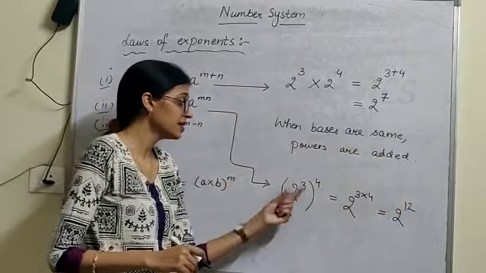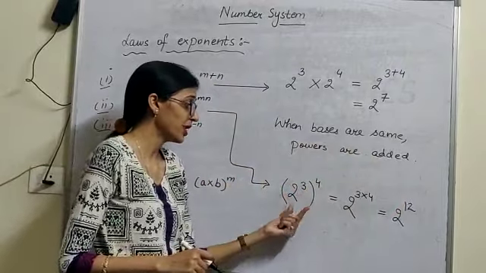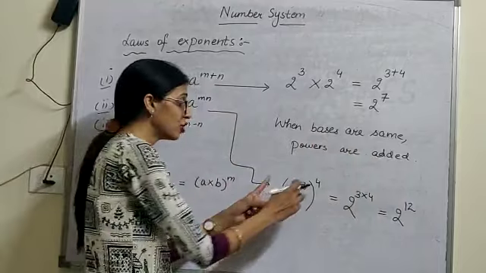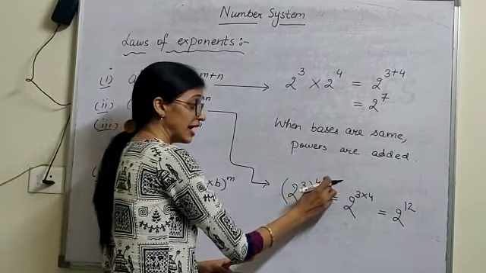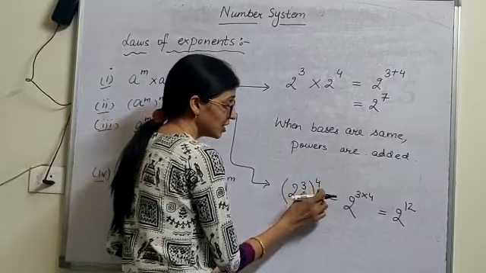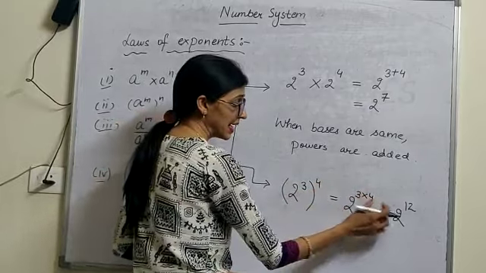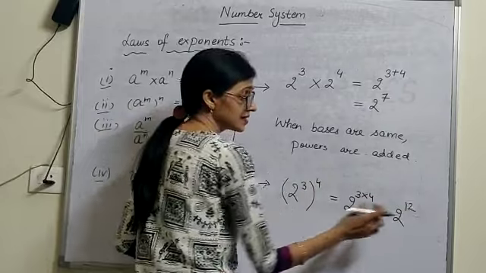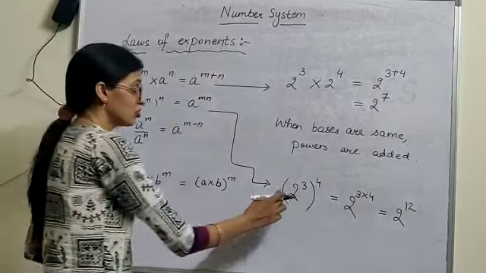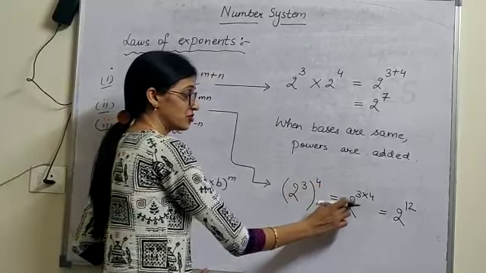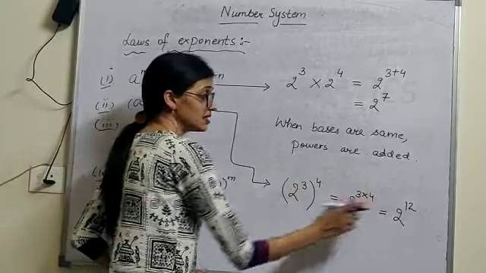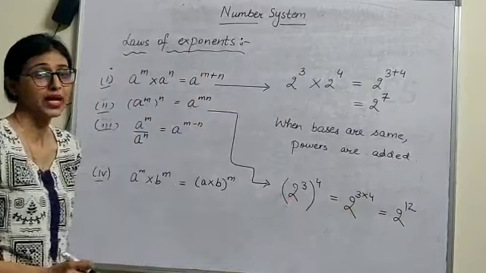Whenever there is a base and exponent in a bracket and the whole bracket is again raised to some power, then both the powers are multiplied. So 2 raised to power 3 whole raised to power 4 is 2 raised to power 3 multiply 4, that is 2 raised to power 12.